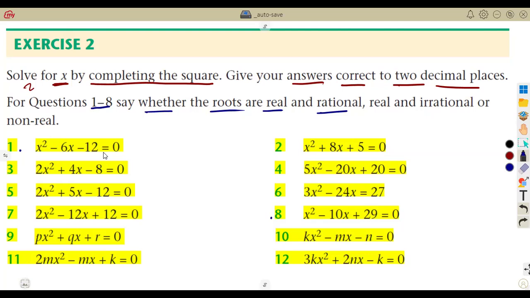As you consider your solutions at the end, are these roots real and rational? That is what you're being asked. Are these roots real and irrational, or are they non-real roots?